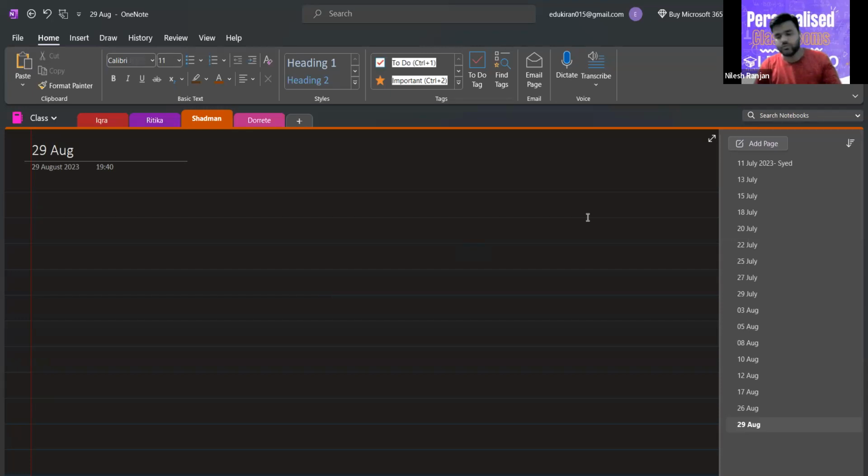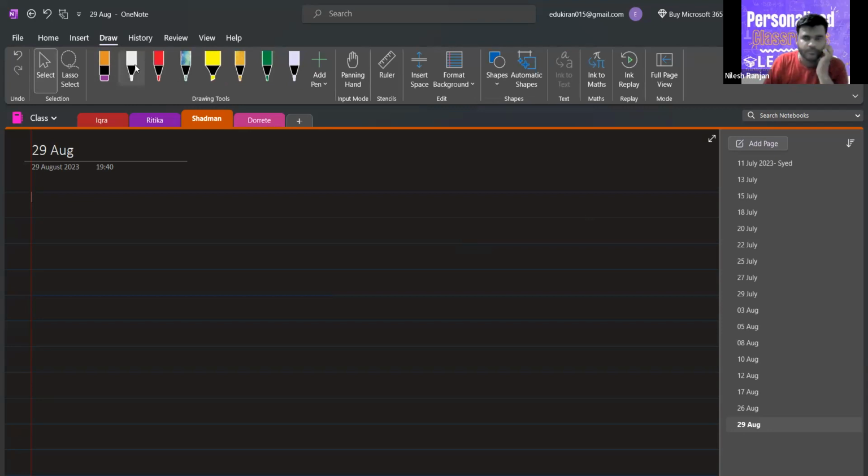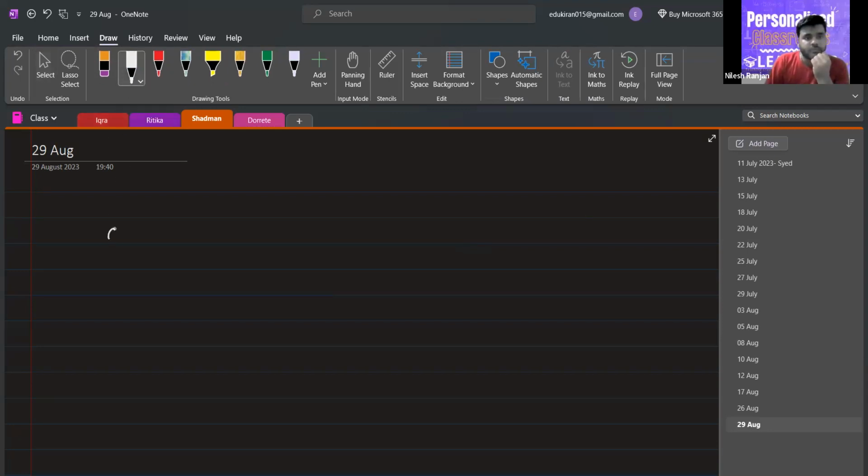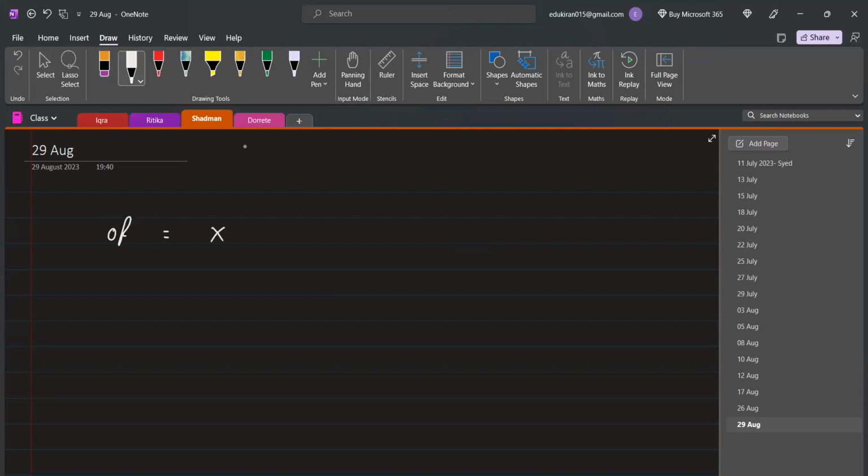Which mathematical sign do we use for of? I think subtraction. Subtraction, or of means multiplication, means multiply. Yeah.